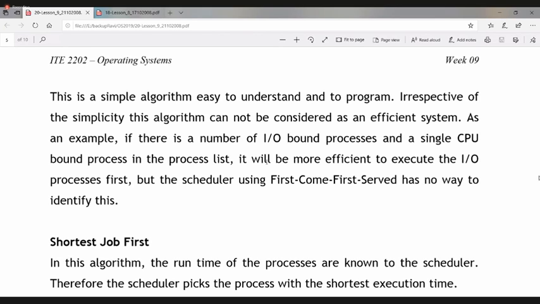You are waiting until others finish just to buy 2 or 3 items, but they are buying like 50 items per person. So you are unnecessarily waiting. This is a disadvantage in the first come first serve method, even though it is simple.